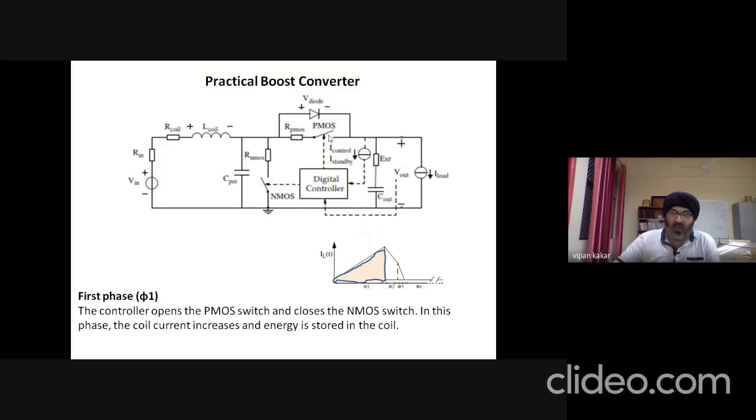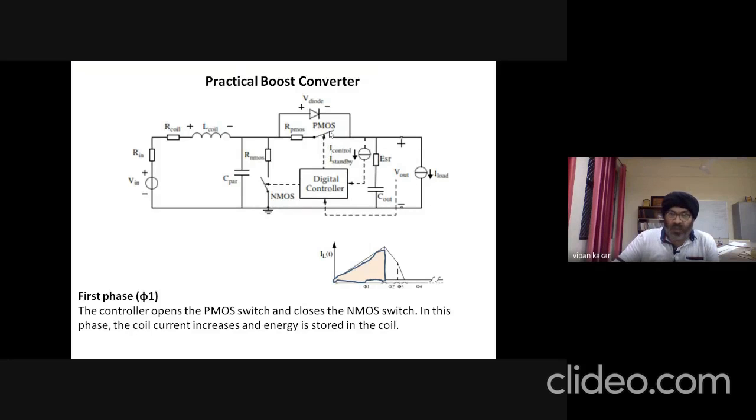Means they should not be switched on at the same time, even by accident. So that's why this NMOS and PMOS complement each other synchronously, thereby increasing the efficiency, lowering the losses, and improving the performance of this boost converter practical circuit.